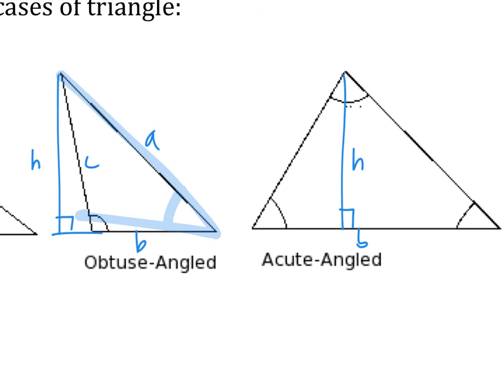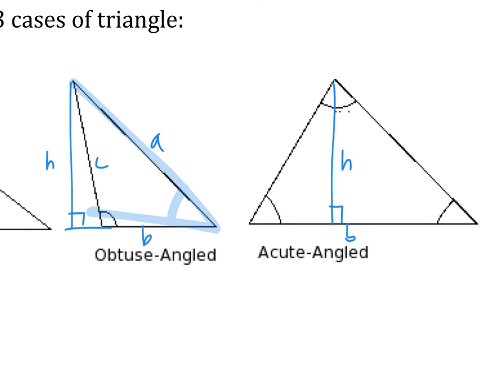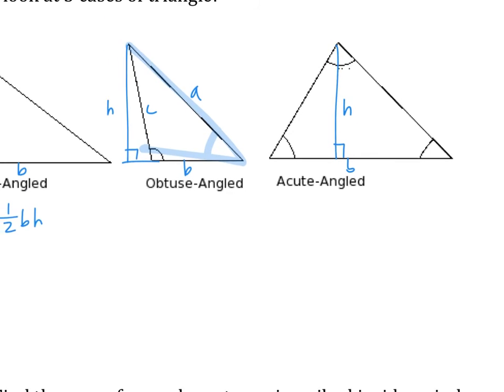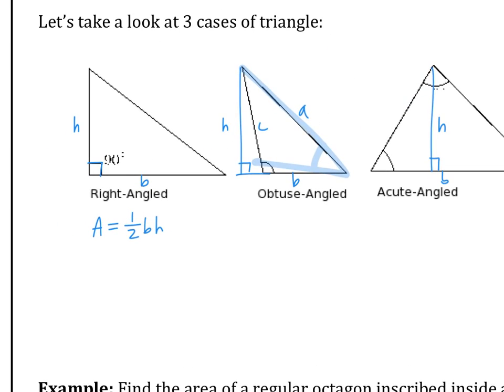So 1/2 base times height turns out to be 1/2 two sides and the sine of the angle in between. That sine of the angle in between is basically the height. You go around and do the SOHCAHTOA, you'll figure that out. But we can just memorize it as 1/2 two sides and sine of the angle in between. That's always going to help us figure out the area.